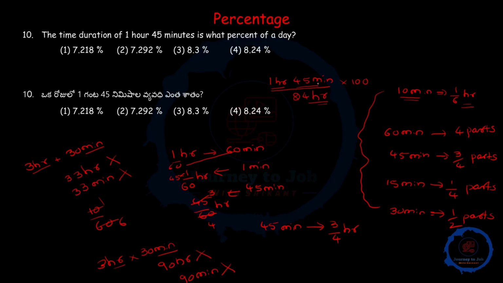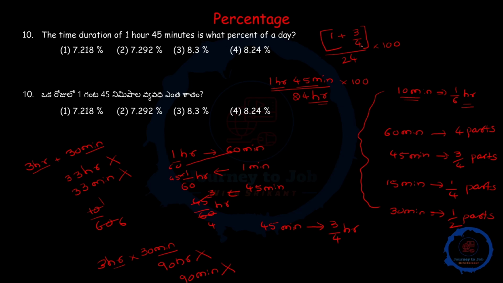This is 1 hour 45 minutes and this is 24 hour. For that purpose you have to change 45 minutes into hours. So 1 hour, and 45 minutes is 3 by 4 hour, by 24 hour into 100. Now you can divide. This is in hours and this is also in hours.